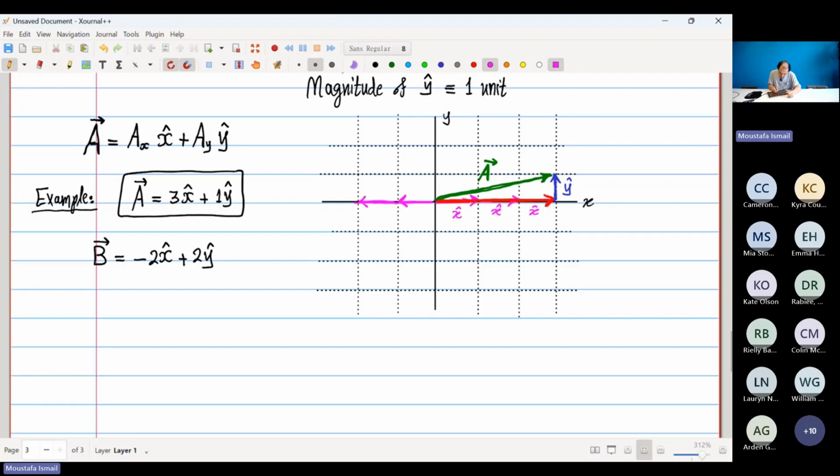So the full vector is 2 units to the left. And then I go up 2 units, 1 unit here, 1 unit there. Then it's head to tail. So that gives me the following vector here. This is vector B.